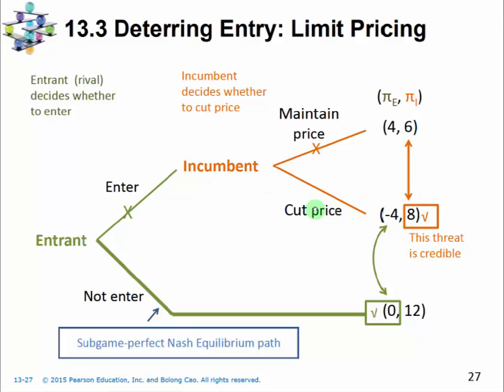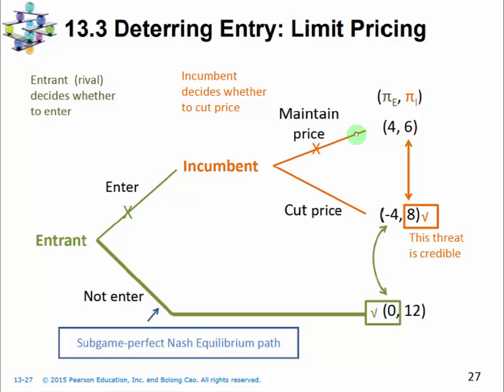The incumbent fights the entrant by cutting its price, and the result is that the incumbent still loses some money, but by a smaller amount, 4, and only gets a profit of 8 instead of 12. But the price cutting strategy can hurt the entrant by bringing down the entrant's profit to -4, incurring a loss for the entrant, instead of 0 if the entrant stayed out of this market.